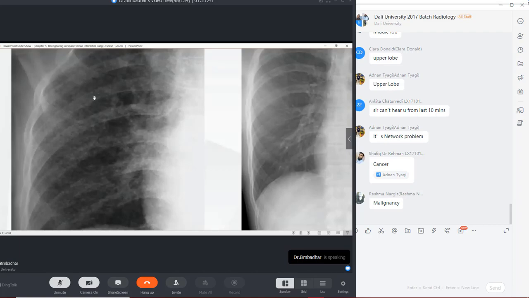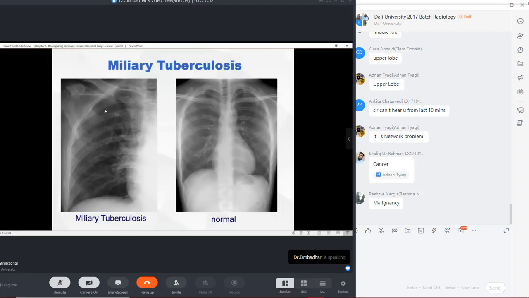You see here, this one, this one, all these are small calcified densities less than 1 mm in size and spread all over the lungs. It looks as if some grains of sand or grains of rice are thrown on your X-ray. So that is why we call it rice or millet tuberculosis, or miliary tuberculosis.